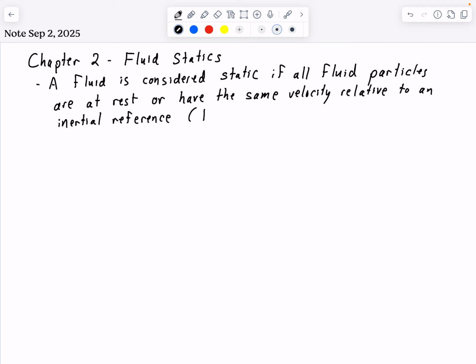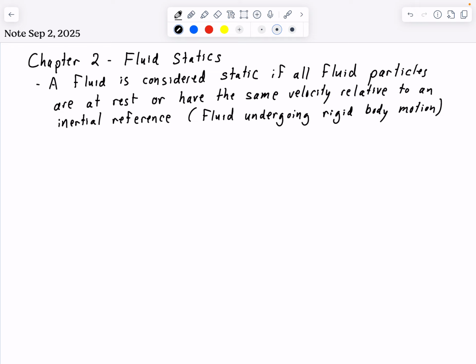So for example, fluid undergoing rigid body motion would be considered static as well. This fluid can either be completely still at rest, or it can be moving, but it would be undergoing rigid body motion.